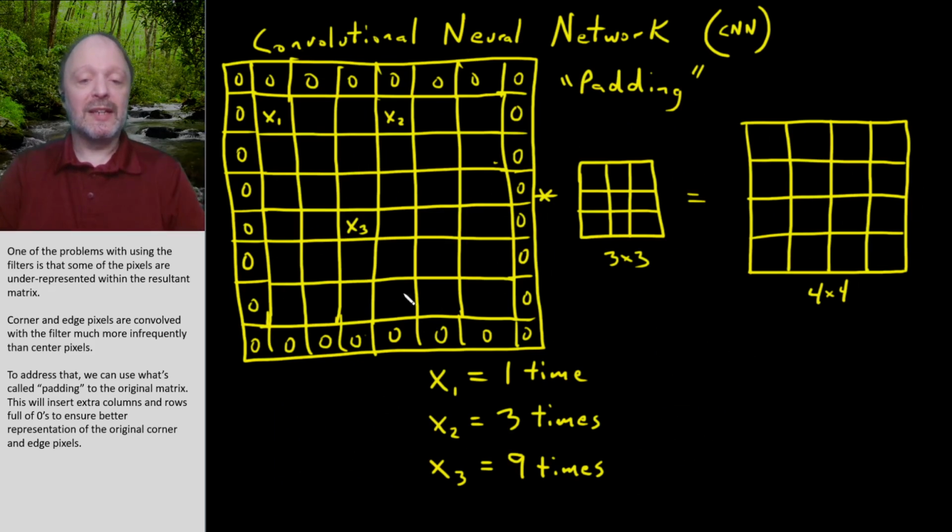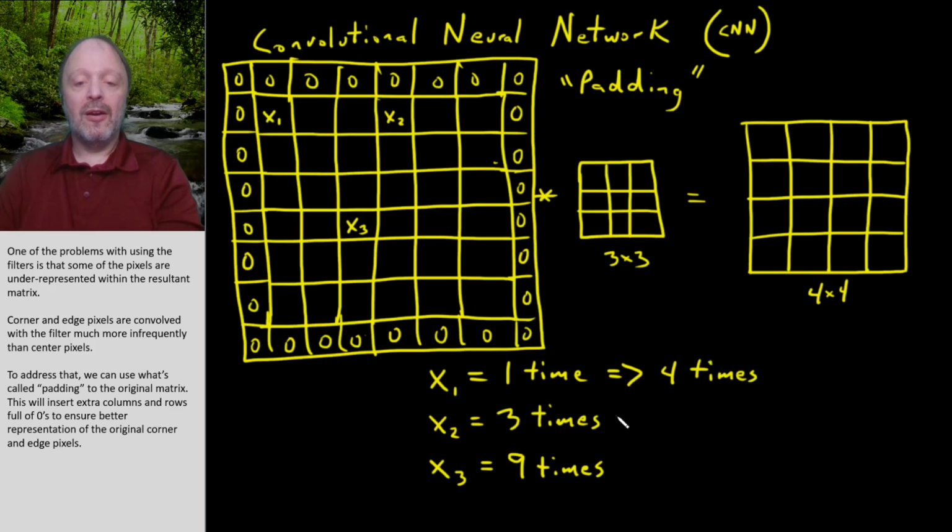Alrighty. Now that we have padded the outside of our original matrix, our original image, with these zeros, how many times is X1 interacted with? Well, when I initially place it here, it will be at the center location, so it'll be 1 time, 2 times, and then it will come back and shift down 3 times, 4 times. So now it's going to be interacted with 4 times.